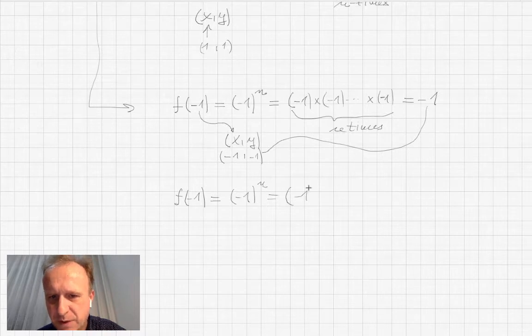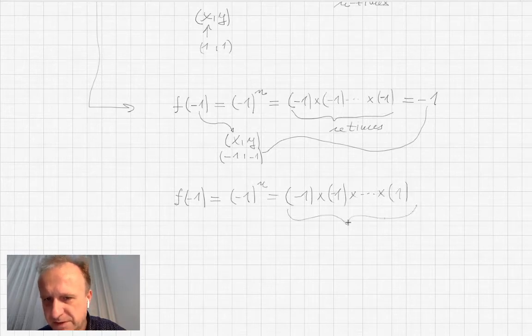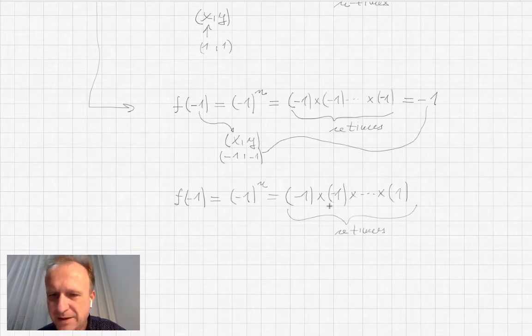So we have to multiply -1 by itself, but we have to do it an even number of times. Okay, so this is n times again, but this time it's an even number, like 2 times or 4 or whatever. So what do you get when you multiply -1 by itself, but you do it an even number of times? You have to get +1.